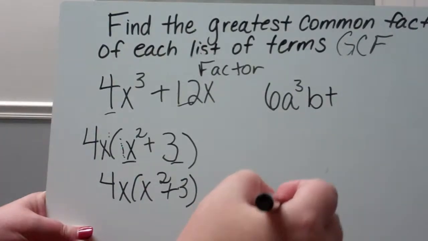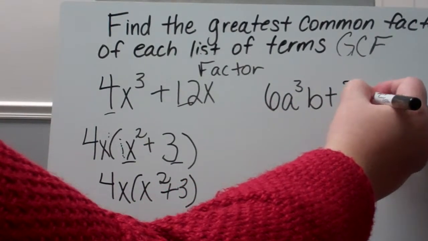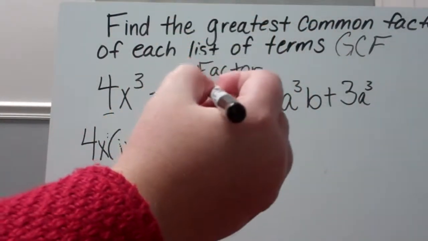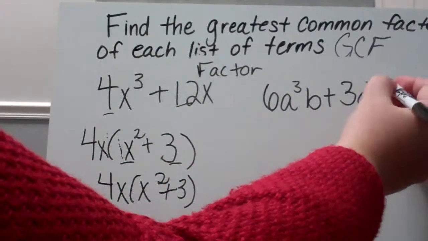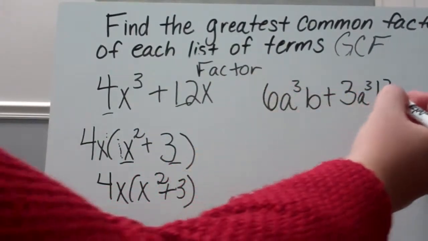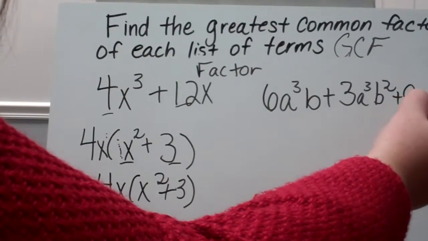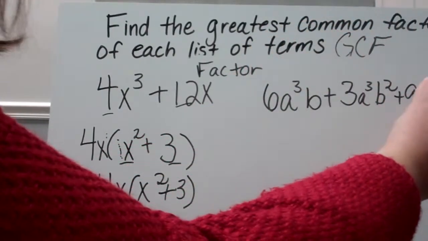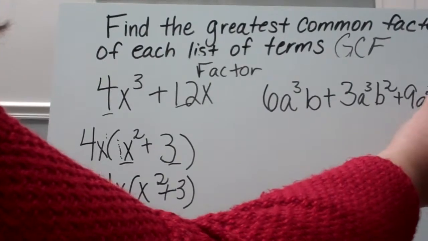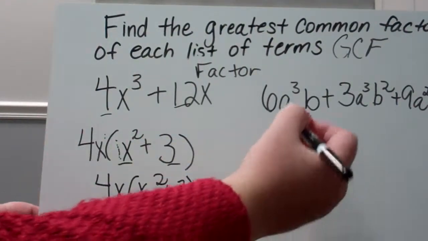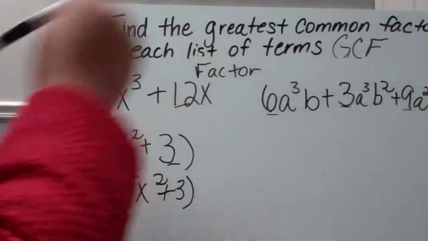This one's going to be a trinomial. It's a trinomial because it's got 3 terms. Just like a tricycle has 3 wheels, a trinomial has 3 terms. Okay, so let's look at our numbers, 6, 3, and 9.